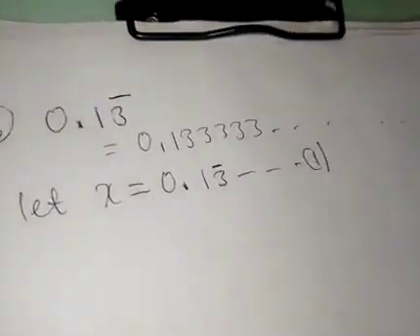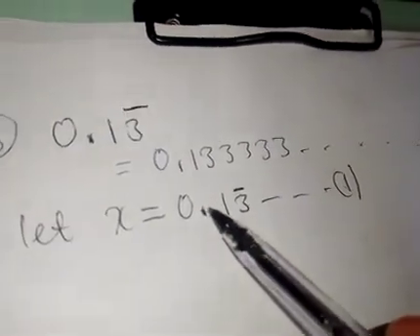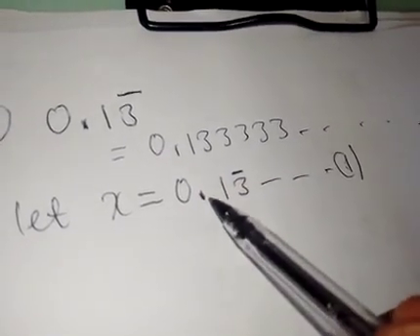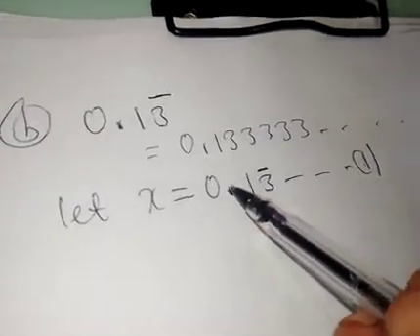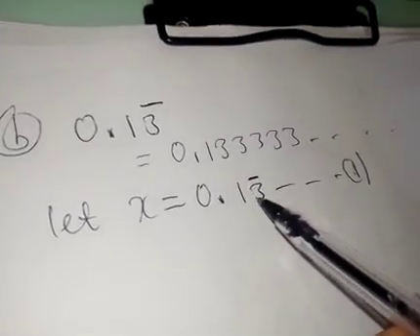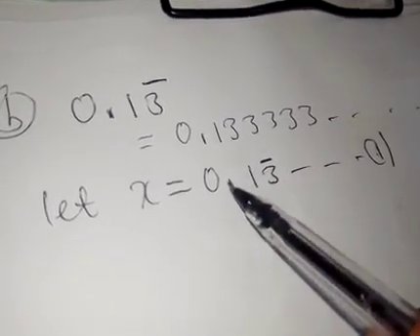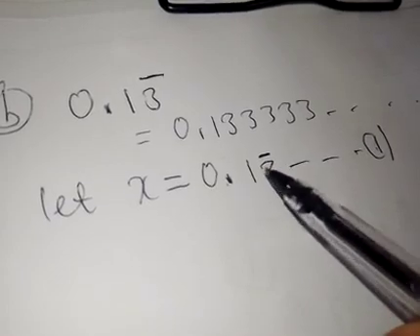Before you go any further, just check: is the decimal point immediately before the repeating numbers? It's not immediately before the repeating number, which is 3. So what do you do to shift the decimal point to between the 1 and the 3?